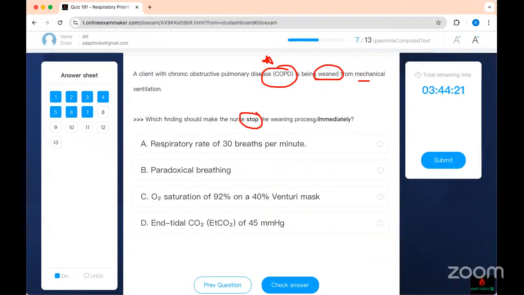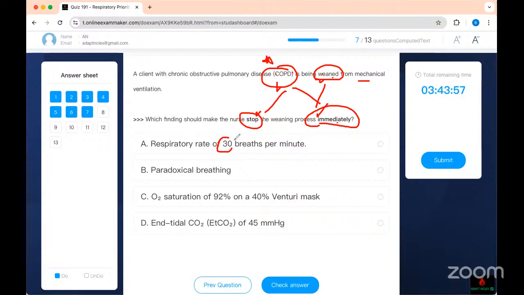That means it's bad immediately. That means something bad is happening. So connect these four pieces of information: COPD, weaning, I've got to stop immediately. You see, I rewrote the question with these four words instead of these multiple words. I have COPD, I'm being weaned, I stop immediately because something is wrong.